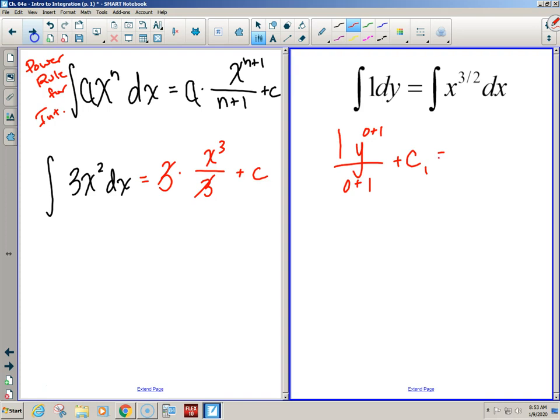We could actually put a plus constant on that side. Long story short, you're going to have y equals. But what would you do with a fraction? Be very, very careful.